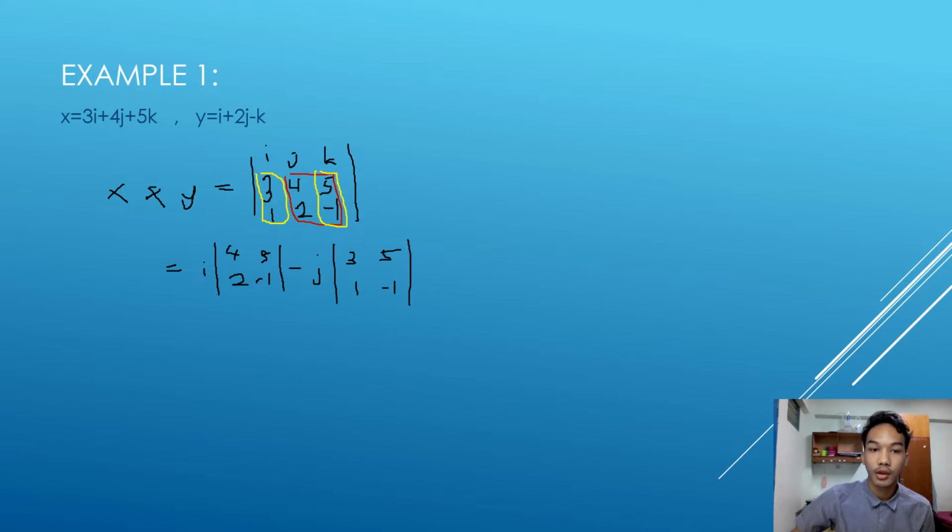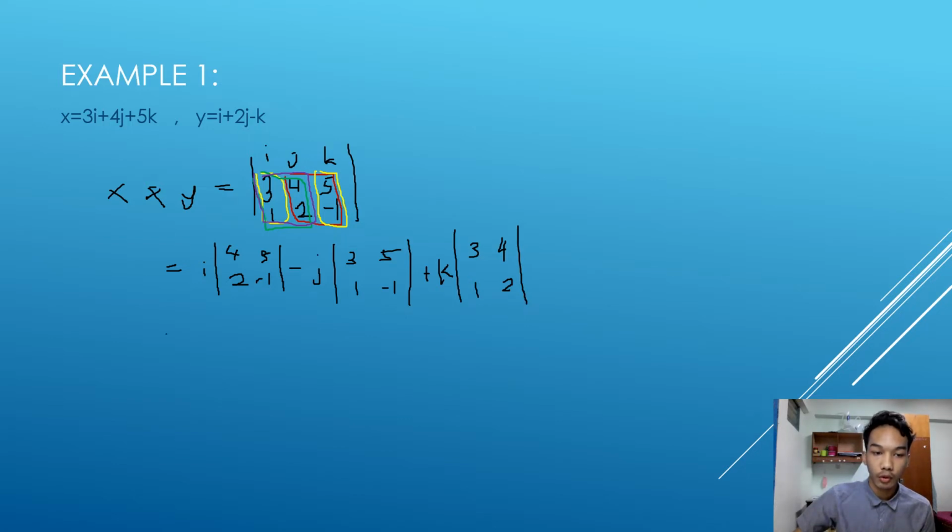Next is for k, which is on this side, plus k, 3, 1, 4, 2.